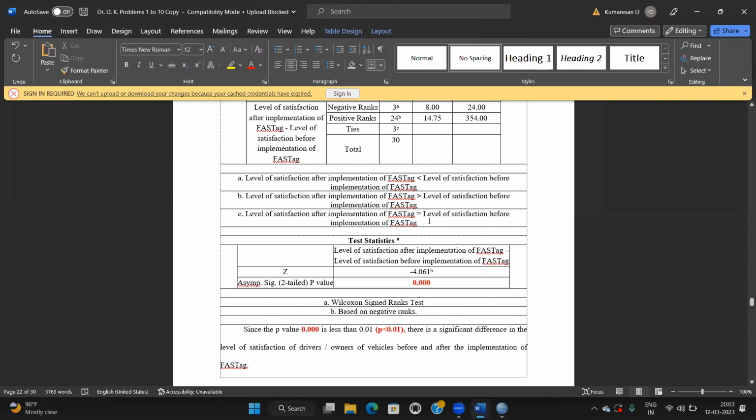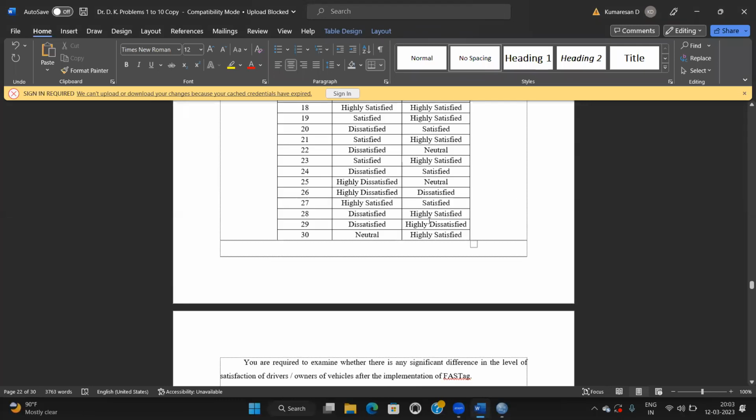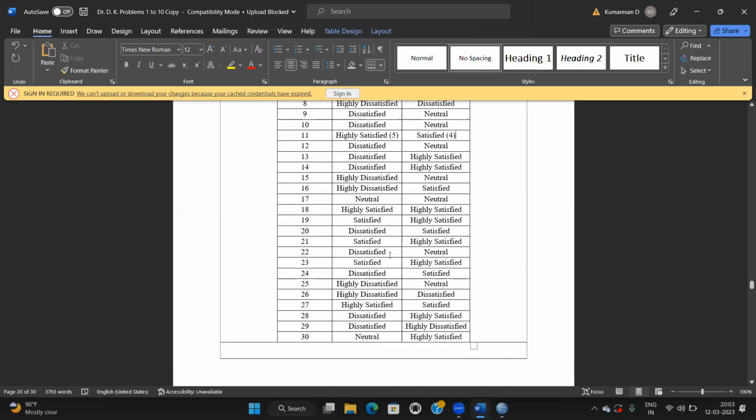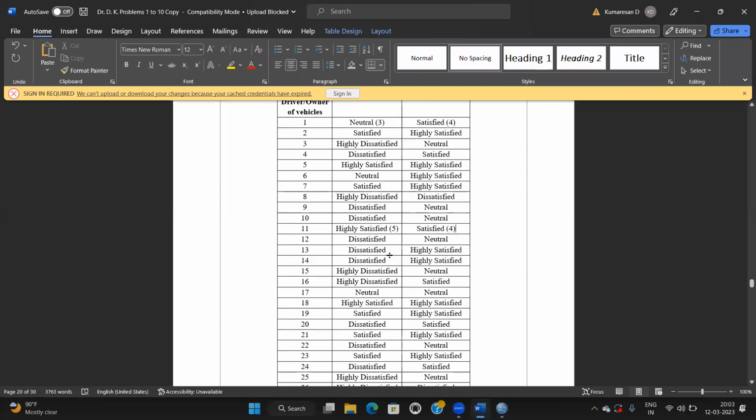Suppose the same level is maintained. For which driver? See here. Fifth one. Before implementation, highly satisfied, so 5.